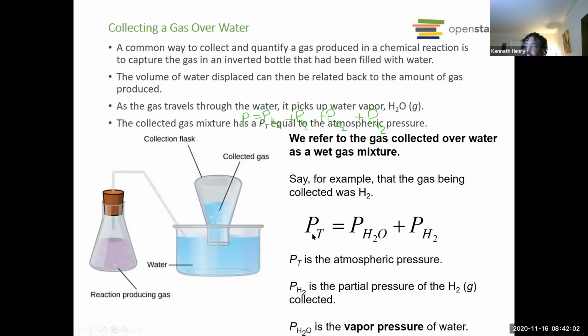So total pressure is going to be the pressure due to the water vapor, as well as the pressure associated with the gas that's being generated. So that's going to be our total pressure. Okay. Questions?